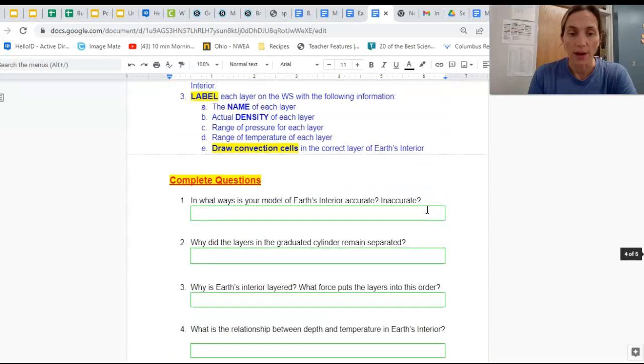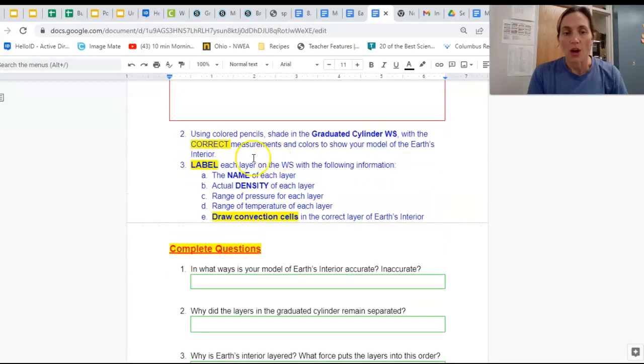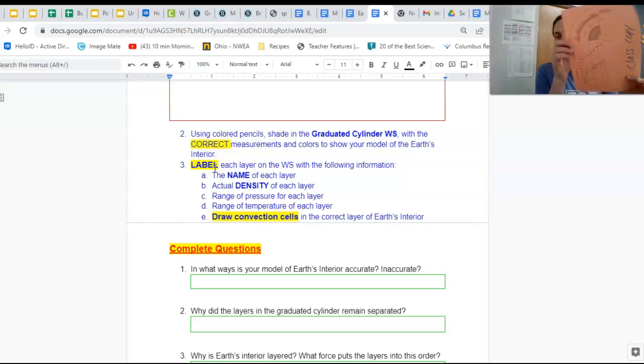All right, you did that. Here we go. All right, we are down here where it says label each layer on the worksheet with the following information. So we labeled the name of each layer. Check. So we did 3A. So now what I want you to do is I want you to use this chart.